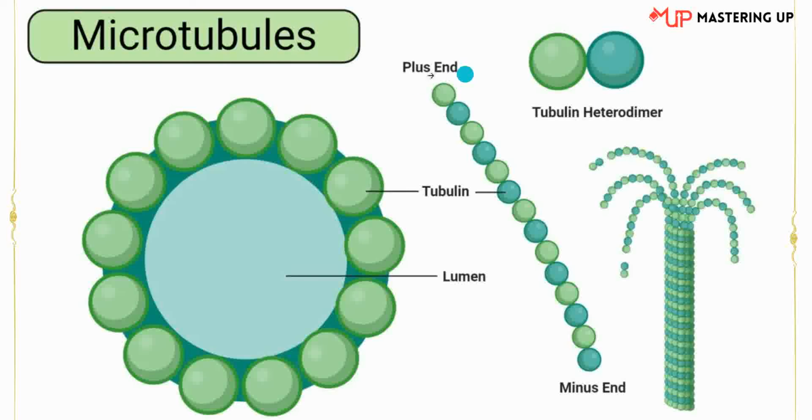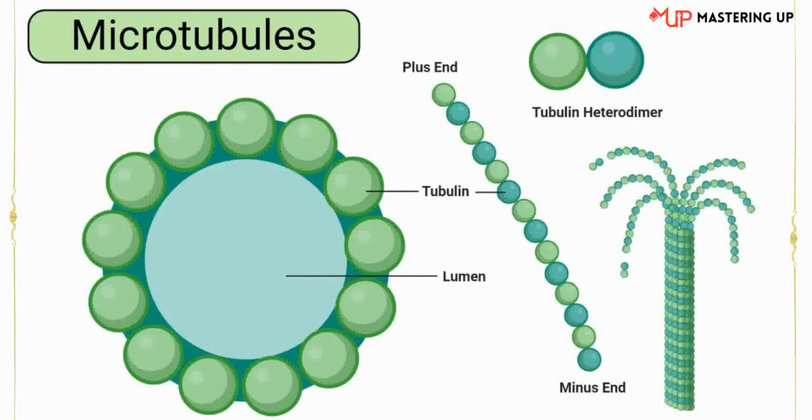This is what I am talking about, the plus end and the minus end. This structural polarity is essential for the directionality of intracellular transport, as motor proteins like kinesin and dynein move along microtubules in a specific direction.